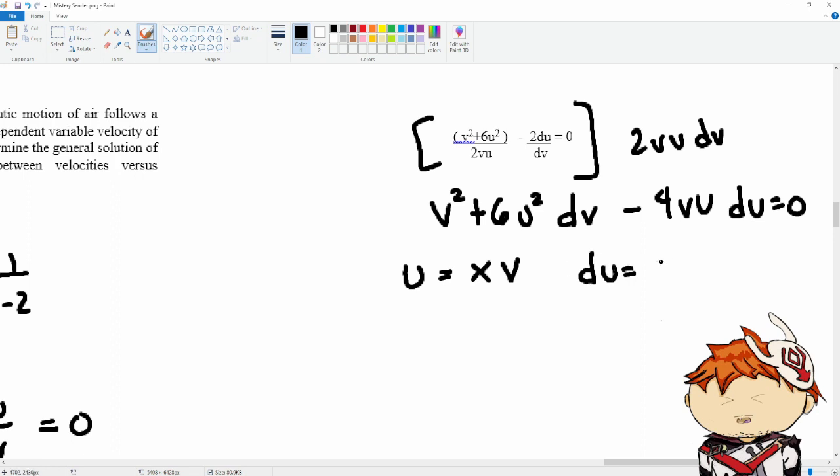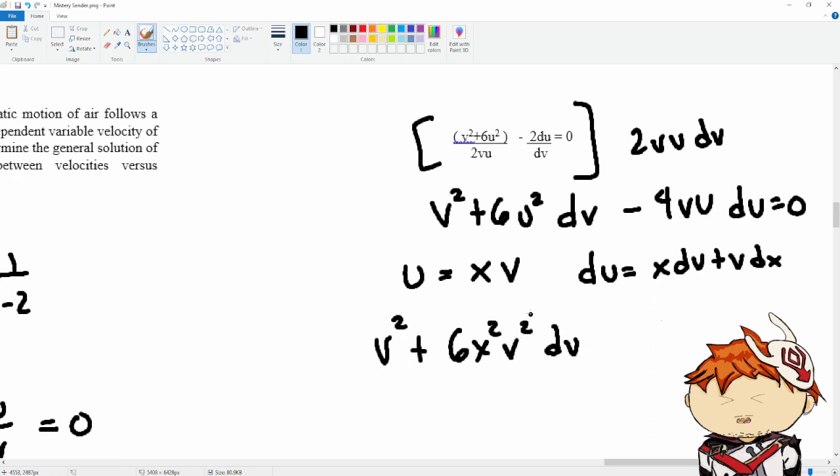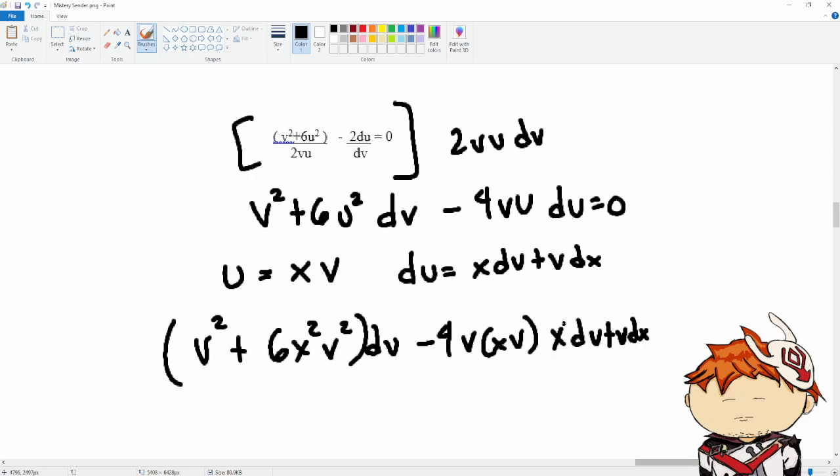So du is equal to x dv plus v dx. Let's substitute that. So v squared plus 6x squared v squared dv minus 4 v xv times x dv plus v dx is equal to 0.